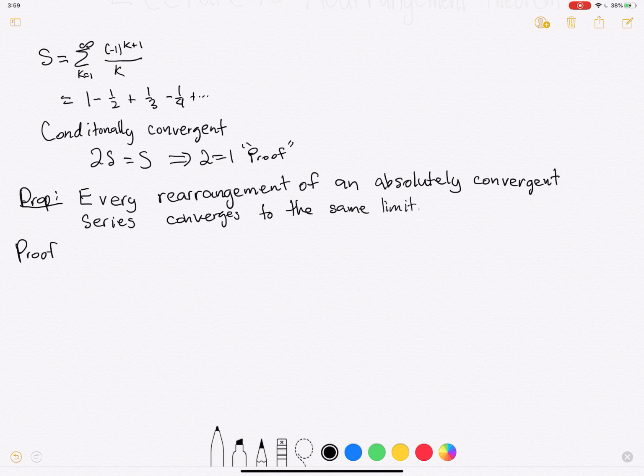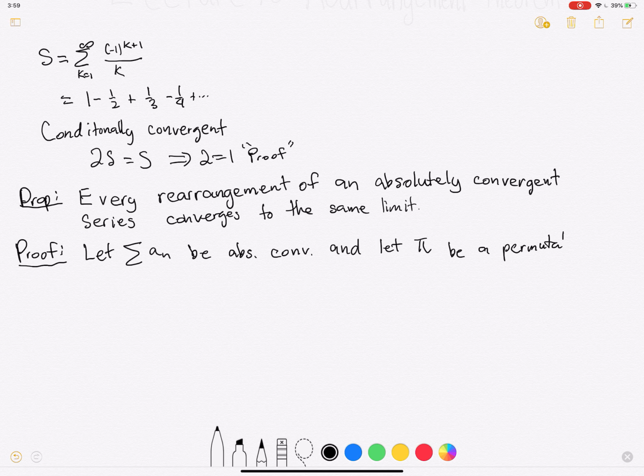Proof. Let the sum of a_n be absolutely convergent, so the sum of the absolute values converges, and let pi be a permutation of the natural numbers.